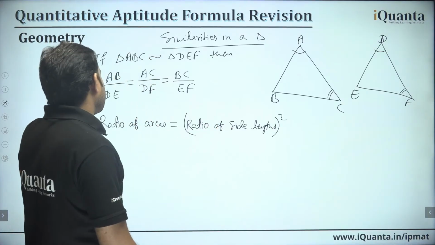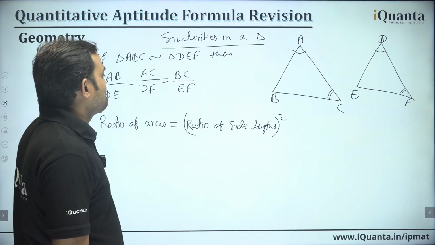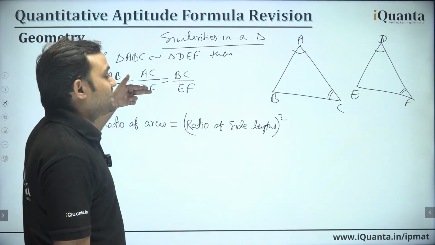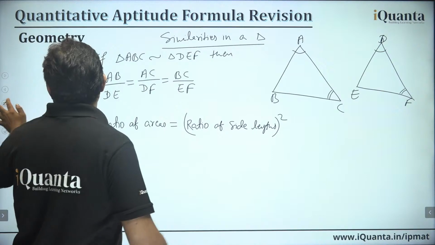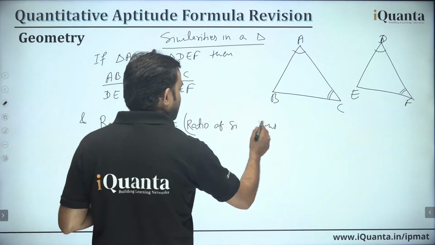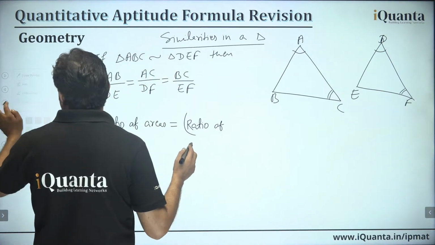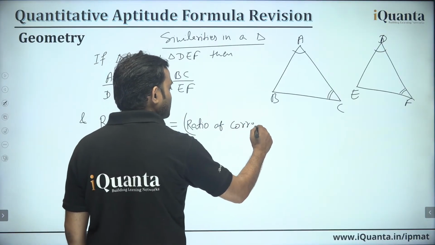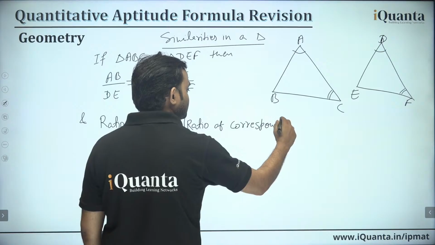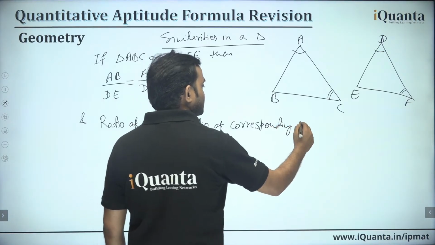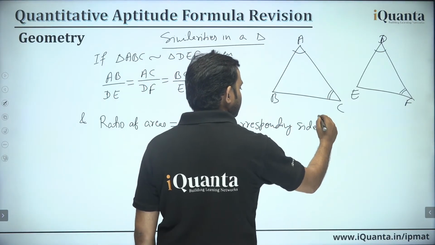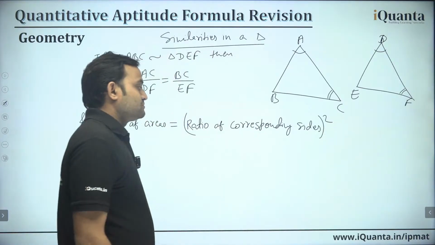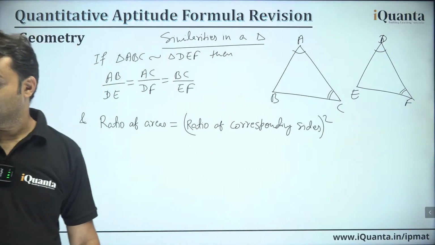Corresponding side means AB and DE. You cannot take the ratio of AB and DF or AB and EF. So the ratio of corresponding side lengths. What do we write? The ratio of areas will be equal to the ratio of corresponding sides squared, right. Ratio of corresponding sides and square, right.